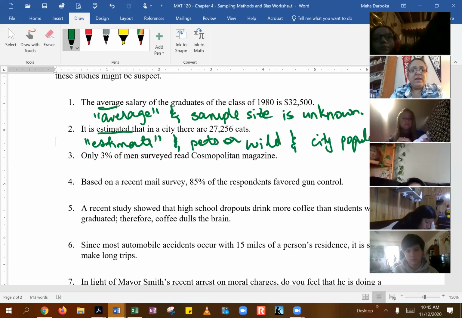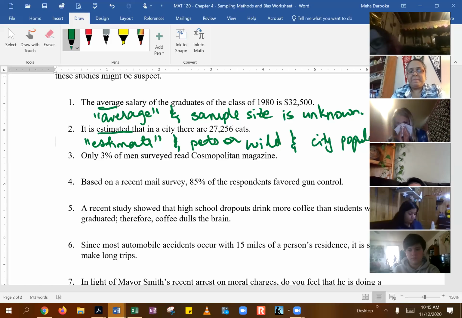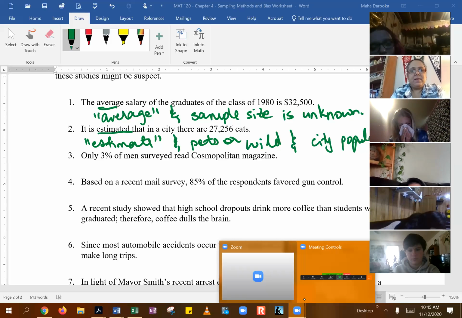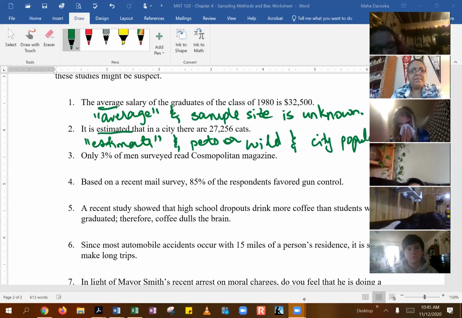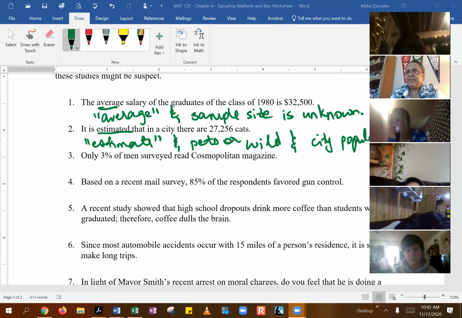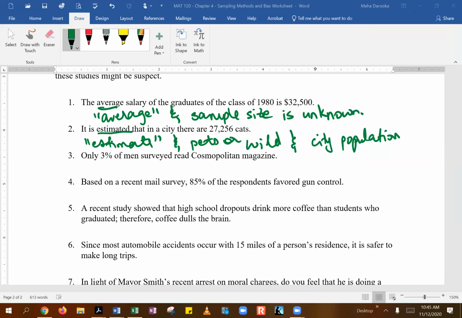Okay, only 3% of men surveyed read Cosmopolitan magazine. Okay, so well, only doesn't really give us a whole lot of concern by itself, but what goes along with it is concerning.